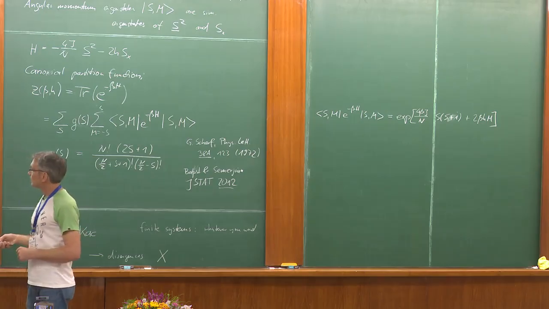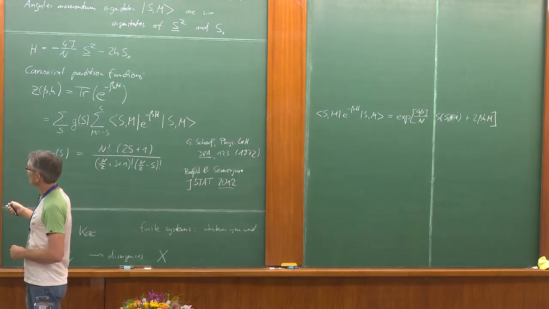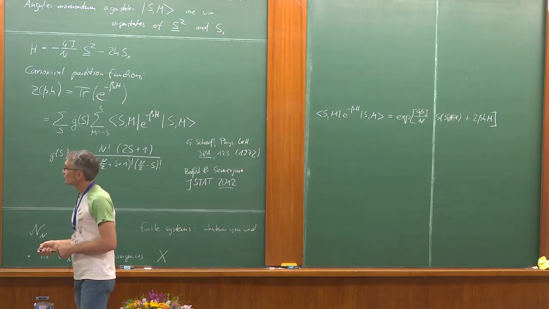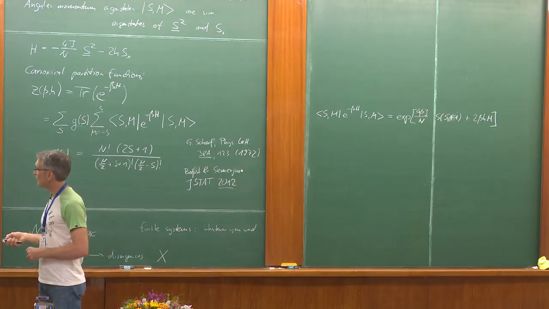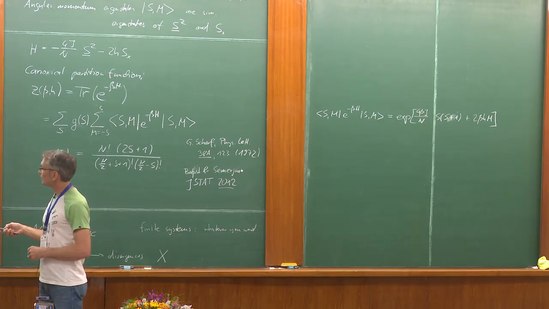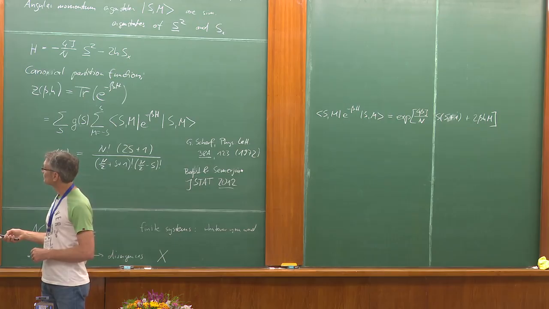And what I'm going to do now is with this unpleasant looking expression here, with these factorials, because we are doing a large N limit, I'll use Stirling approximation, which I've written down here.